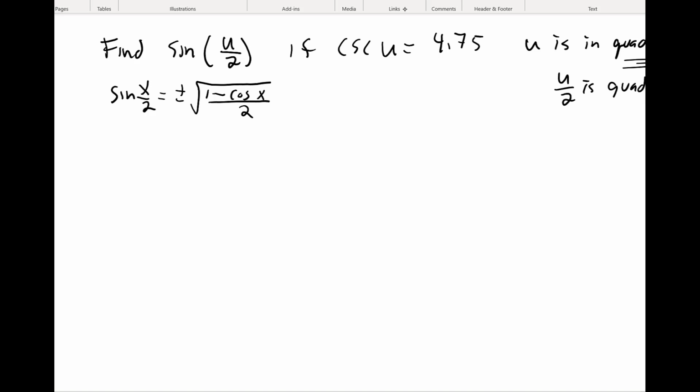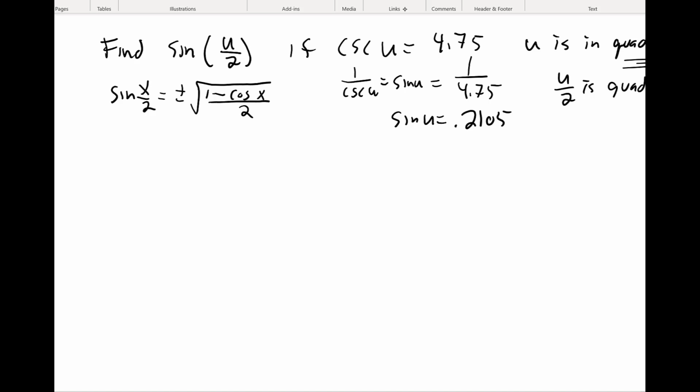Okay, now what else do we know about this? And it's going to be cosine that we're dealing with. So being in quadrant 1, it'll be positive, and we're given cosecant. So 1 over cosecant of u must be sine of u. So sine of u is 1 over 4.75. Get my handy dandy calculator around here, 1 divided by 4.75, 0.2105.